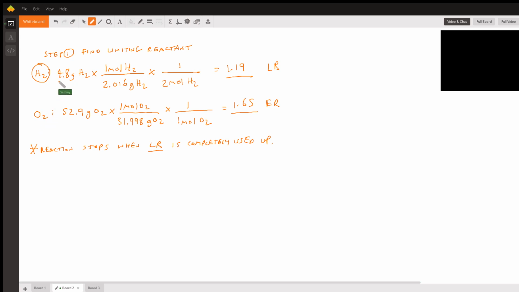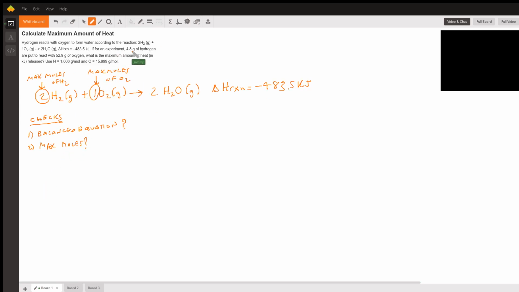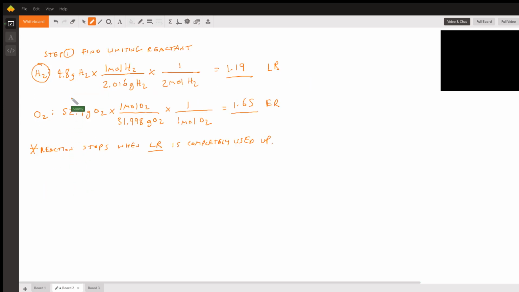So we'll go ahead and start with the hydrogen. We're given 4.8 grams of hydrogen. So go ahead and put that down right there. We've got to convert from grams to moles. So we multiply by 1 mole hydrogen over 2.0016 grams of hydrogen. So the grams will cancel out. We're left with moles. Now we need to divide by the maximum number of moles, okay?